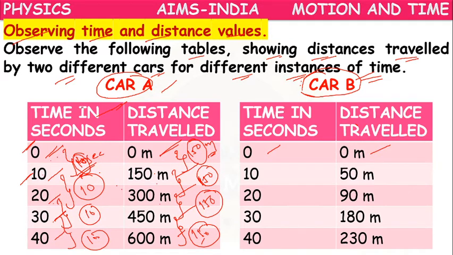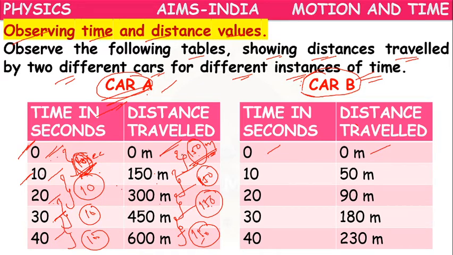So, what can we conclude here? The car A throughout its journey from 0 seconds to 40 seconds, for every 10 seconds of time interval, is covering a constant distance of 150 meter. Means if the time interval is constant, then the distance traveled by car A is also constant.